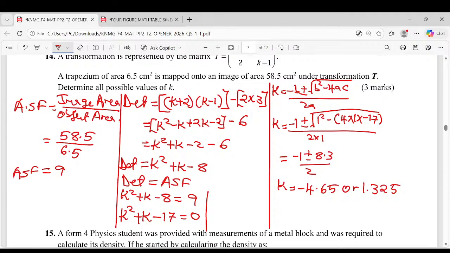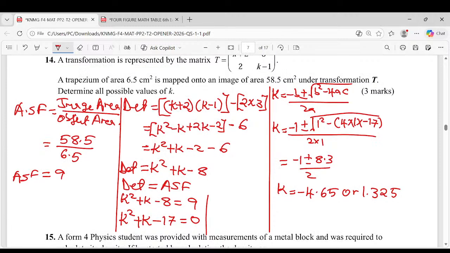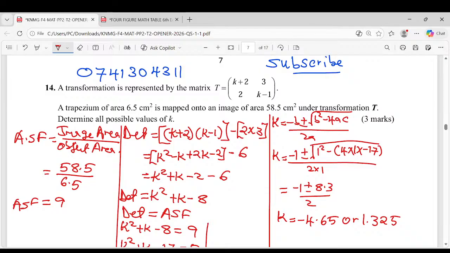That is how you should approach such a question, ladies and gentlemen.